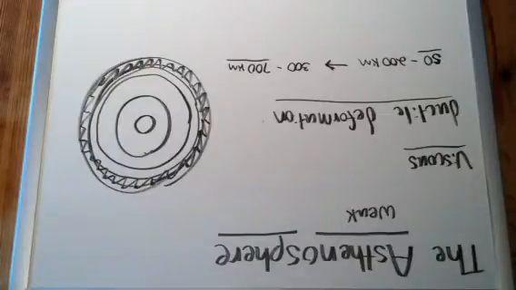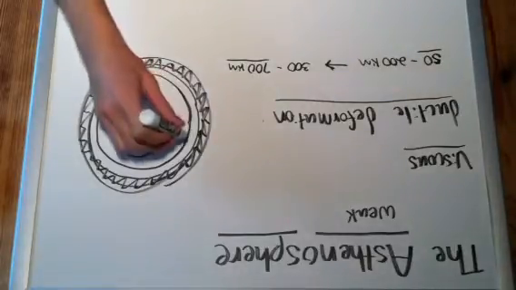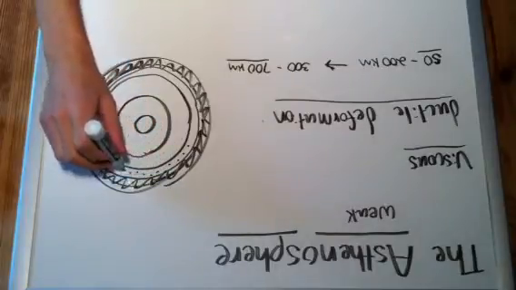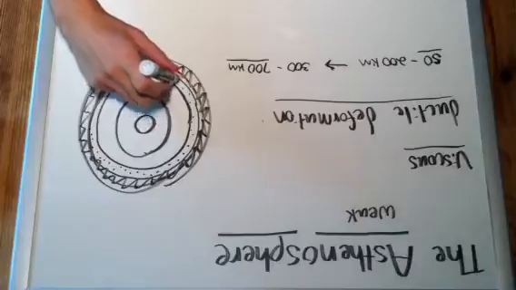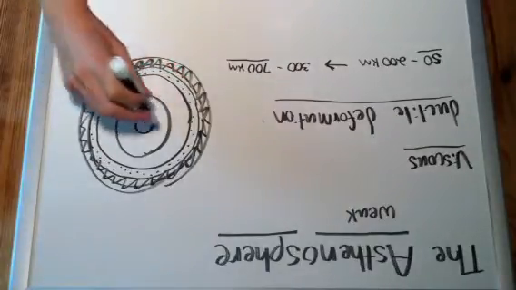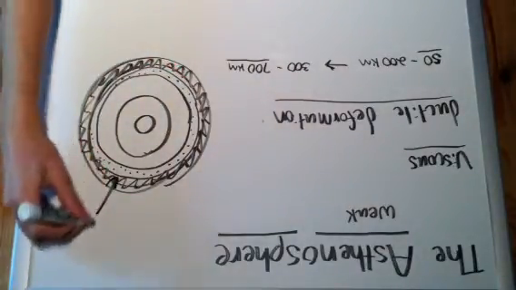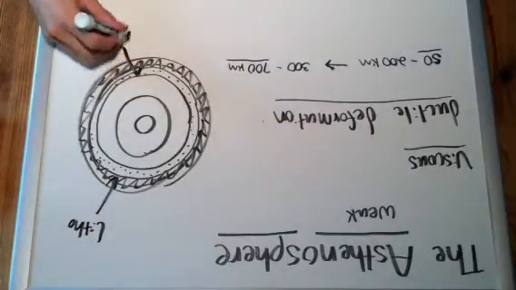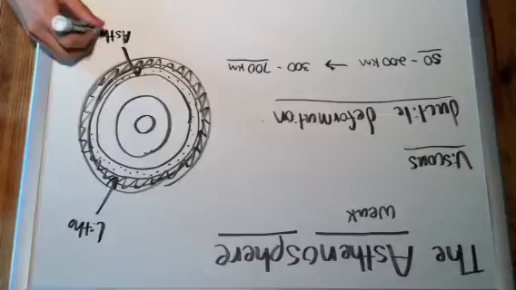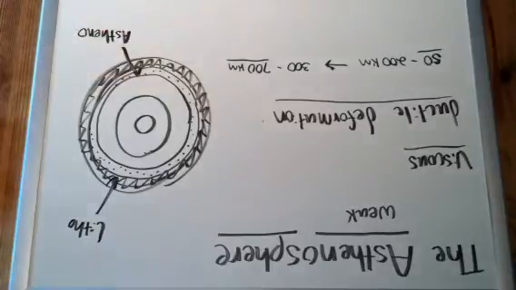At most points, you'll find the asthenosphere to be thicker than the lithosphere, but together they make up a relatively small piece of the mantle. So that's why I left lots of open space in there. I'll just label that. There's the litho, there's the astheno. So together they make up a very small portion of the mantle.